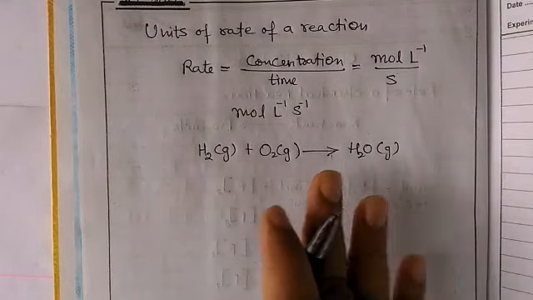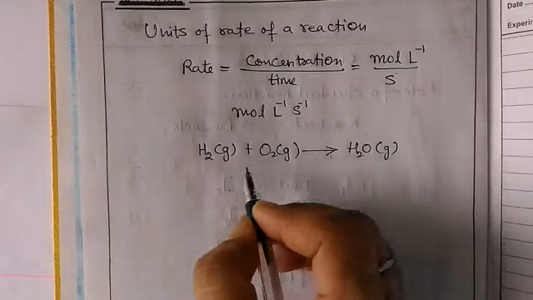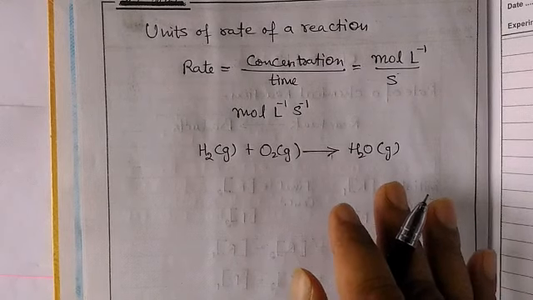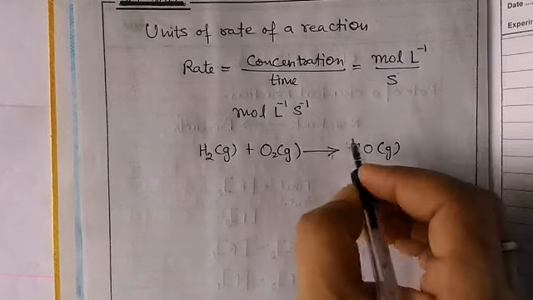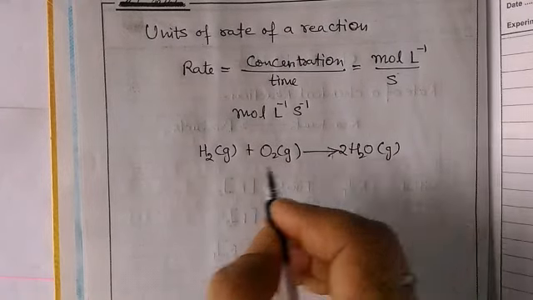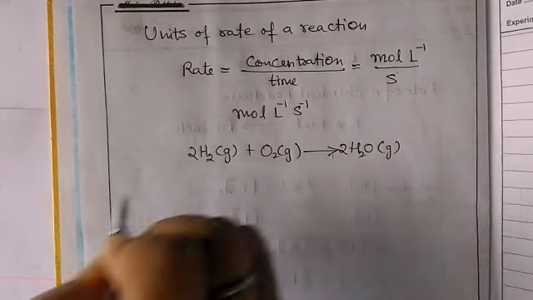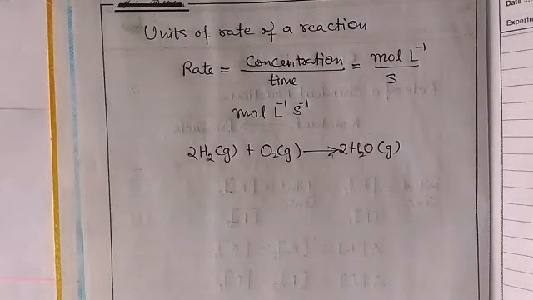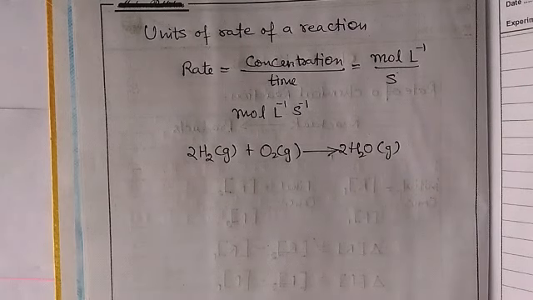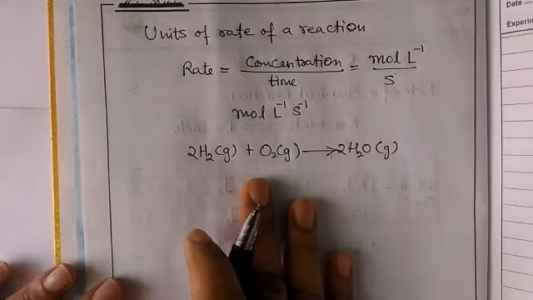Now, in this situation, we have these constituents, but this is not a balanced chemical equation. So in order to balance this equation, let's place 2, and then we have to balance hydrogen by putting 2 over here. Now this is a balanced chemical equation and it is according to the stoichiometry, because all the components are present in proper amount. This is how a completely balanced equation would be.